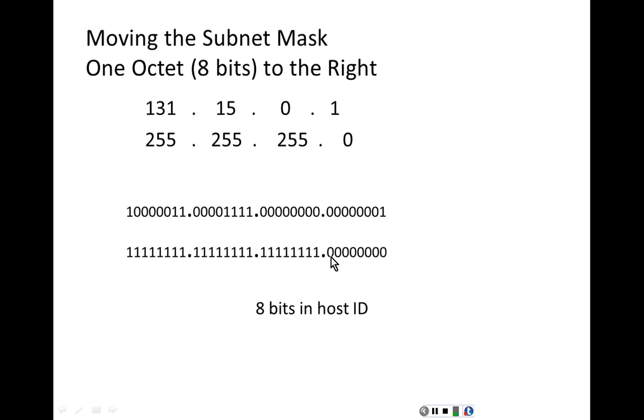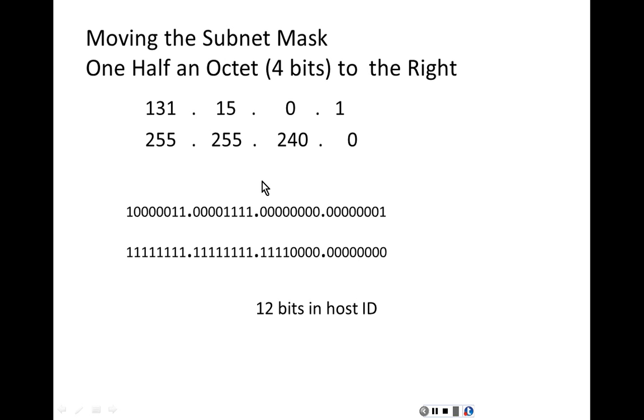Now our host ID is down to 8 bits. If we only push this subnet mask over half of an octet, if we only push it over 4 bits to the right, it will give us additional network IDs, but it won't cut so deeply into our host ID.